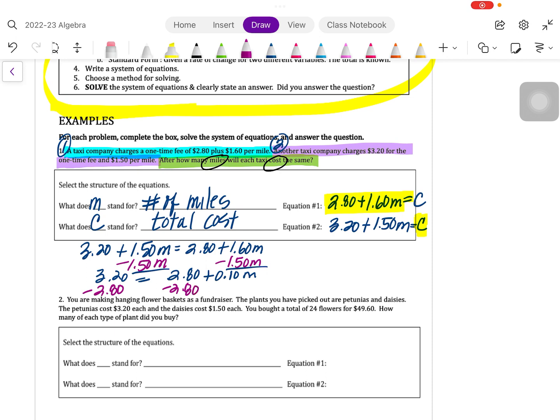Okay, I'm a little short on space here, so I'm going to scoot up around the edge here. I think when I subtract, I get 40 cents is equal to 0.10m, so 10 cents per mile. And then my last step would be to divide here.